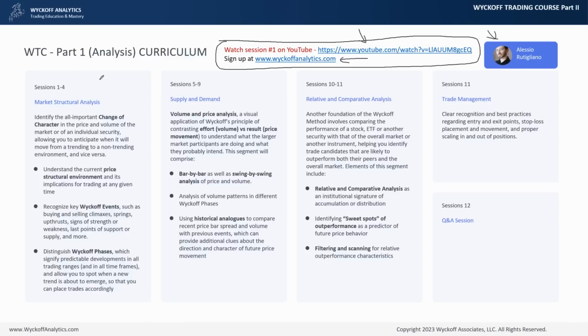And specifically, like, what kind of foundational knowledge Alessio will go through in this semester? Market structural analysis for the first 4 sessions. So there's going to be a lot of talk about how the different types of environments are being created in the market. Who's responsible for that?